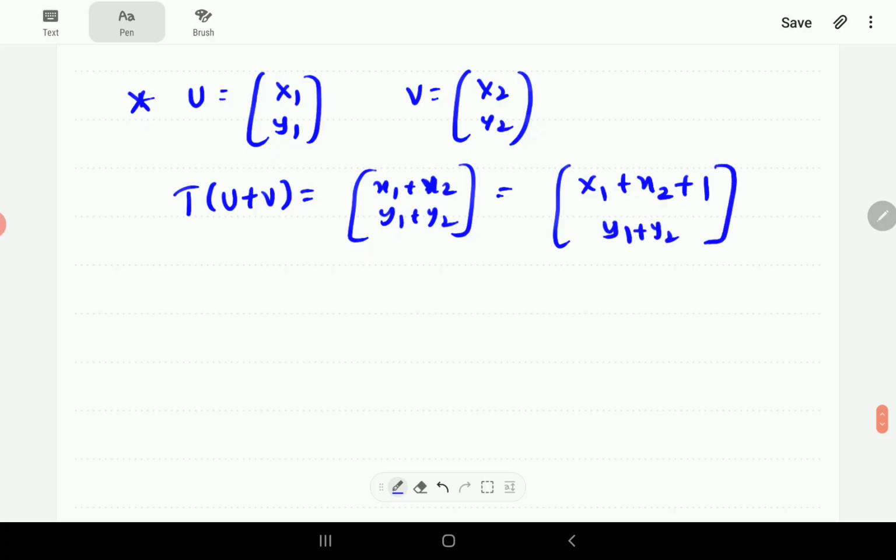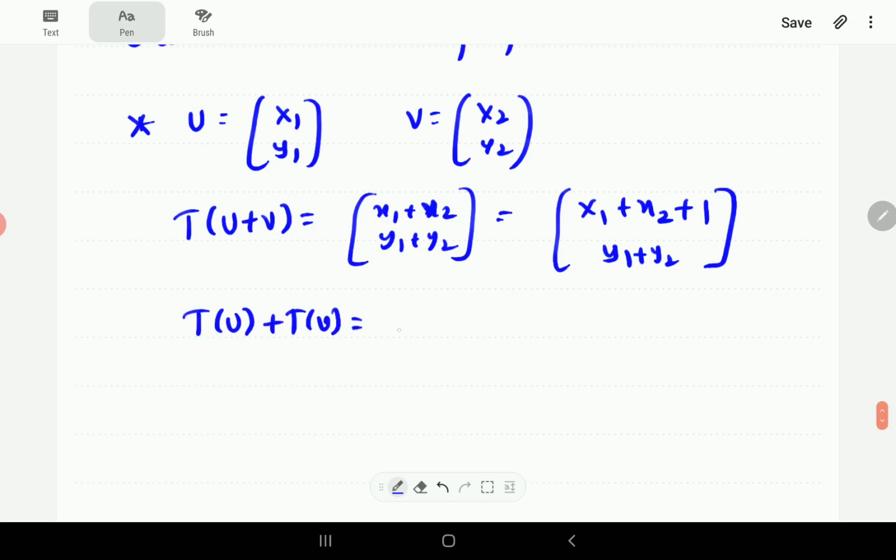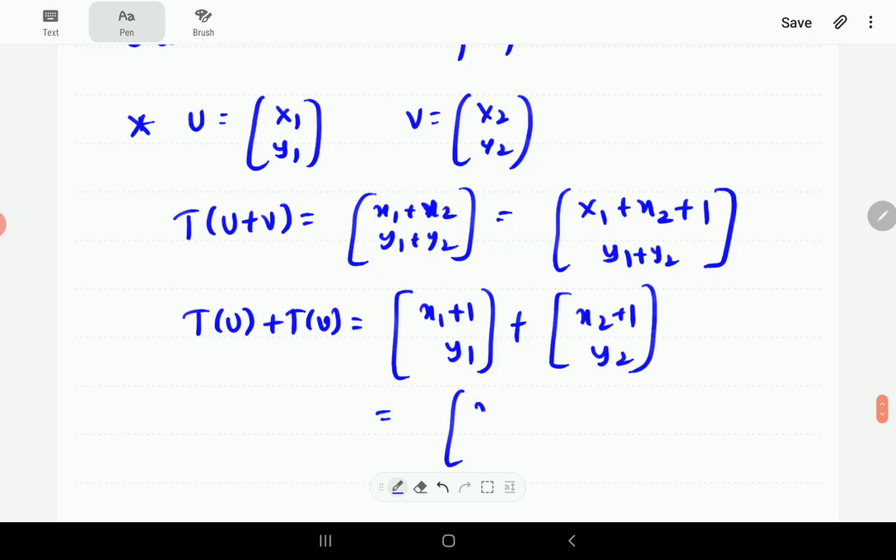Now let us take T of u plus T of v. T of u is (x1 plus 1, y1) and T of v is (x2 plus 1, y2). So this is nothing but (x1 plus x2 plus 2, y1 plus y2).